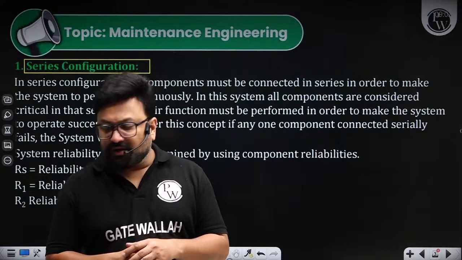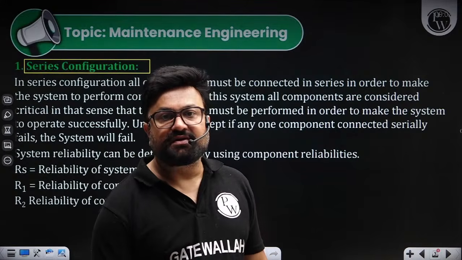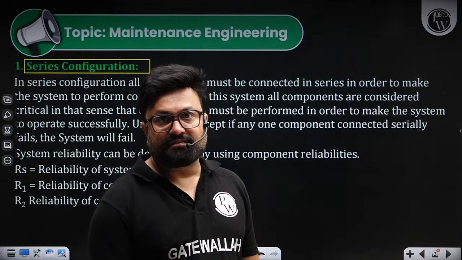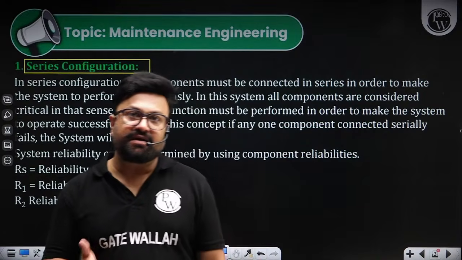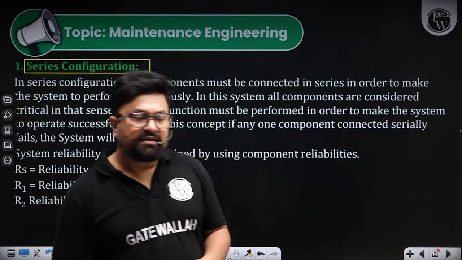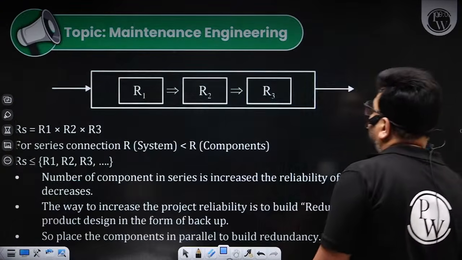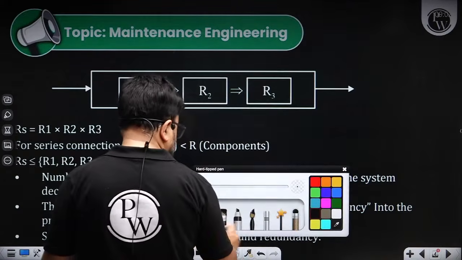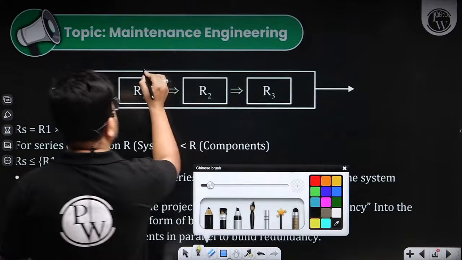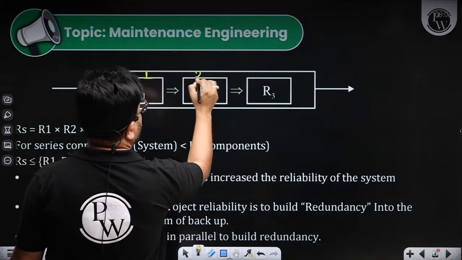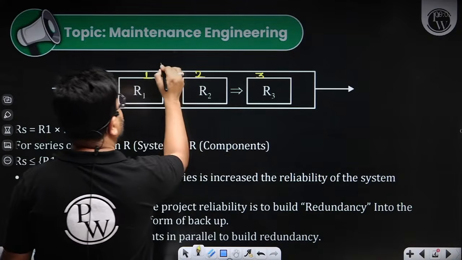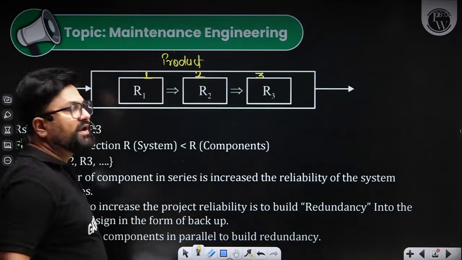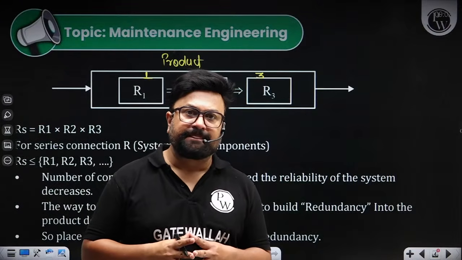If the components are in series configuration, then how can you find the reliability of a product? Let's say here you can see these are the components: component number 1, component number 2, and component number 3, and this is my product. I want to calculate the reliability of my product, right?